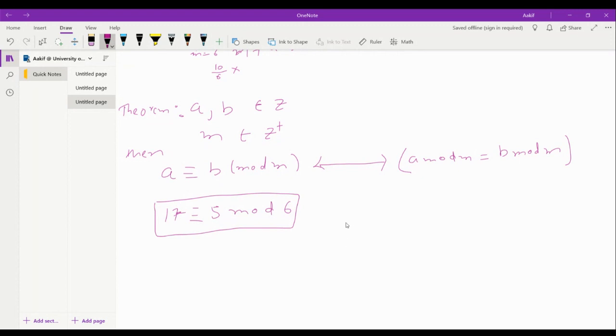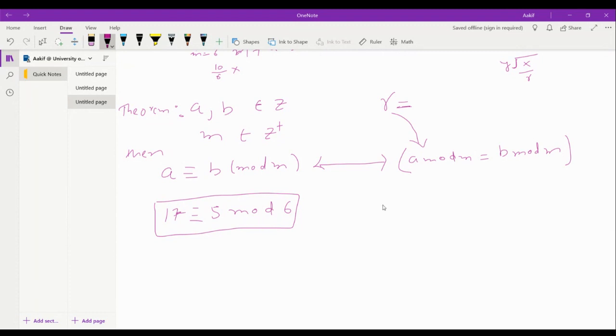Let's continue from there and see whether A mod M is equal to B mod M. If you take a look at the definition of the remainder, when we were discussing the division algorithm, if we divide a number x by y, this will give us a remainder r, and that was of the form a mod b. So a mod b will give us the remainder.